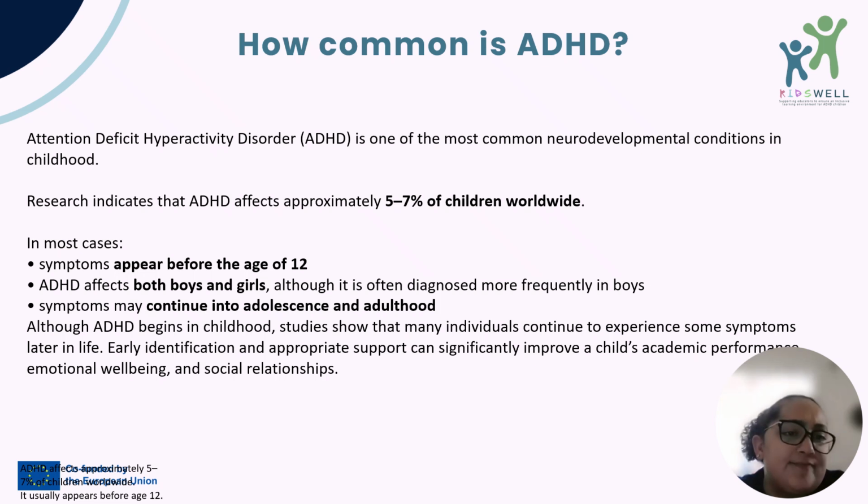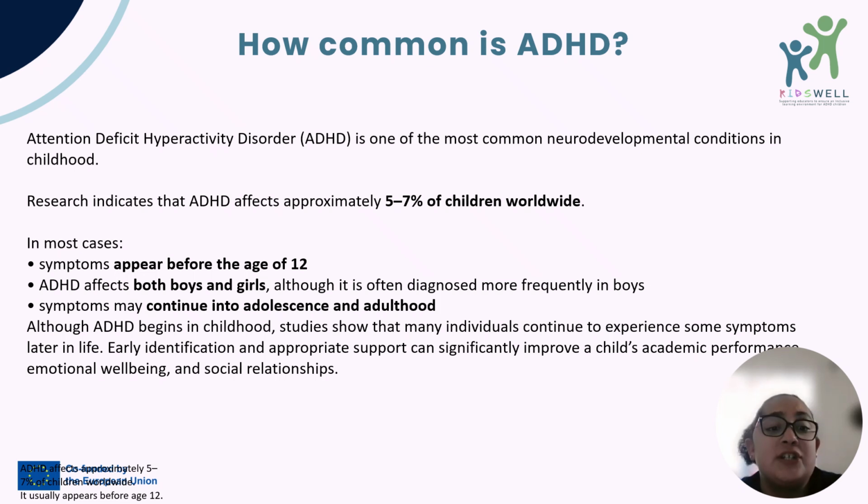How common is ADHD? Attention deficit hyperactivity disorder is one of the most common neurodevelopmental conditions in childhood. Research indicates that ADHD affects approximately 5 to 7% of children worldwide. In most cases, symptoms appear before the age of 12. ADHD affects both boys and girls, although it is often diagnosed more frequently in boys.